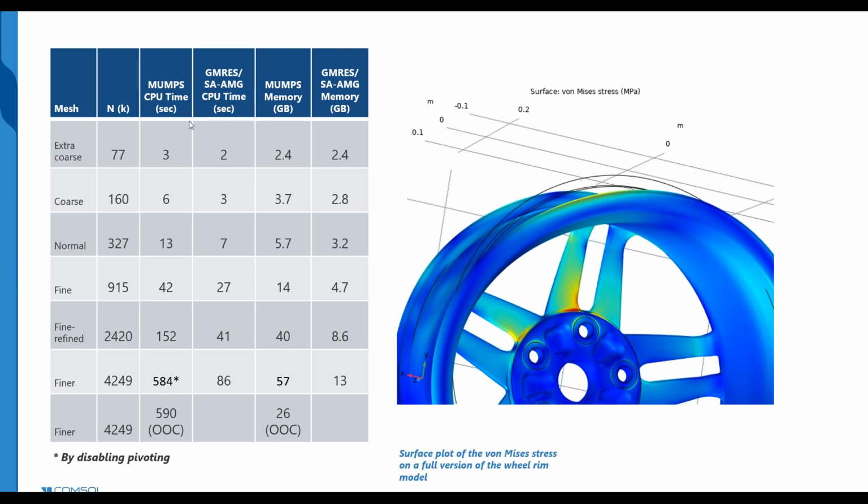You see here, the first two columns are the CPU time, and the last two are the memory requirement. And you see here that I was able to solve this problem on my 64 gigabyte machine up to 4.2 million degrees of freedom by refining the mesh to finer here.